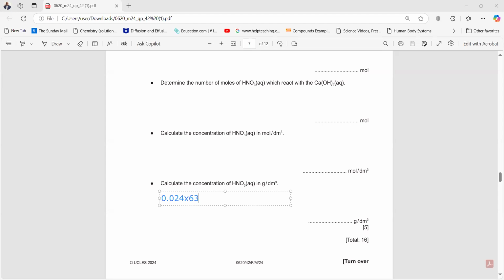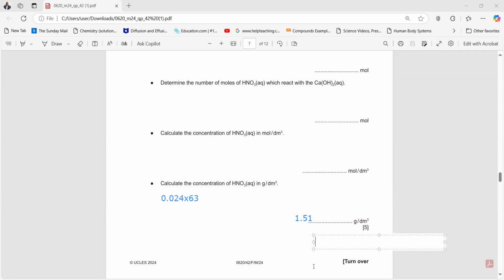We multiply that by 63, and that simply changes our concentration from moles per dm cubed to grams per dm cubed. Our answer here will be 1.51. I'm also getting 1.512 on my calculator. I'll just give it as 1.51 grams per dm cubed.